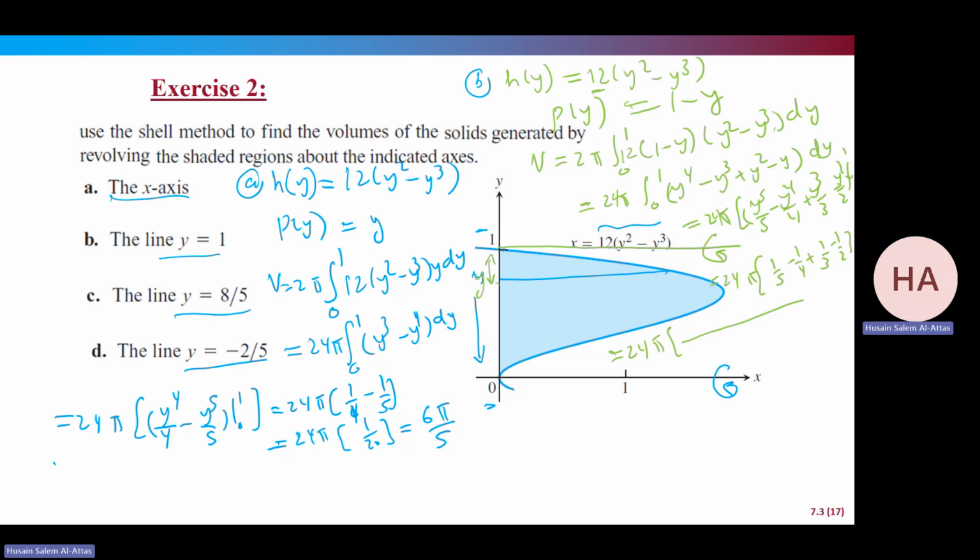I can do 12 times 5, that will be 60. I think 60 will do it. 60 over 5 is 12, 60 over 4 is 15, plus 20, minus 30. No, there's some mistakes. Yeah, it's a matter of calculation.